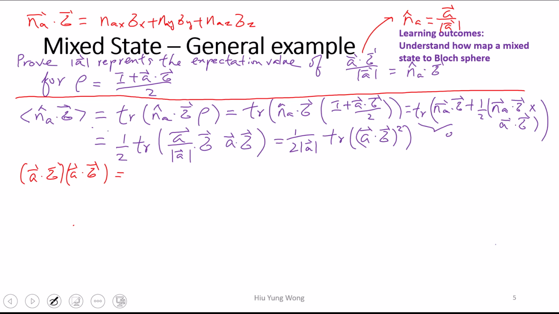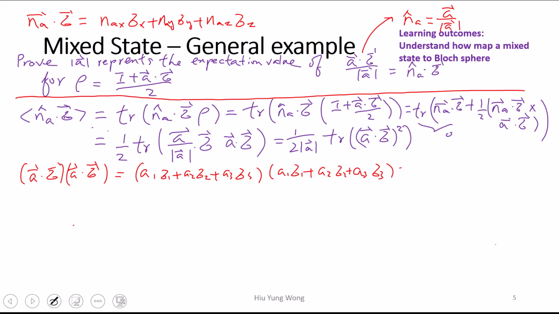If you just spell it out, it is A1 sigma 1 plus A2 sigma 2 plus A3 sigma 3, and then the whole thing times A1 sigma 1 plus A2 sigma 2 plus A3 sigma 3. You have sigma 1 times sigma 1, sigma 1 times sigma 2, sigma 1 times sigma 3, sigma 2 times this, and so on.